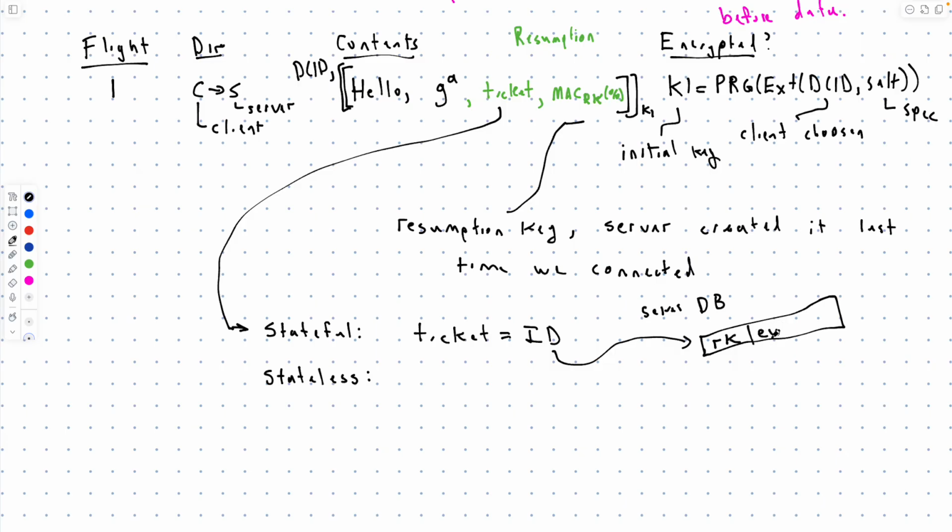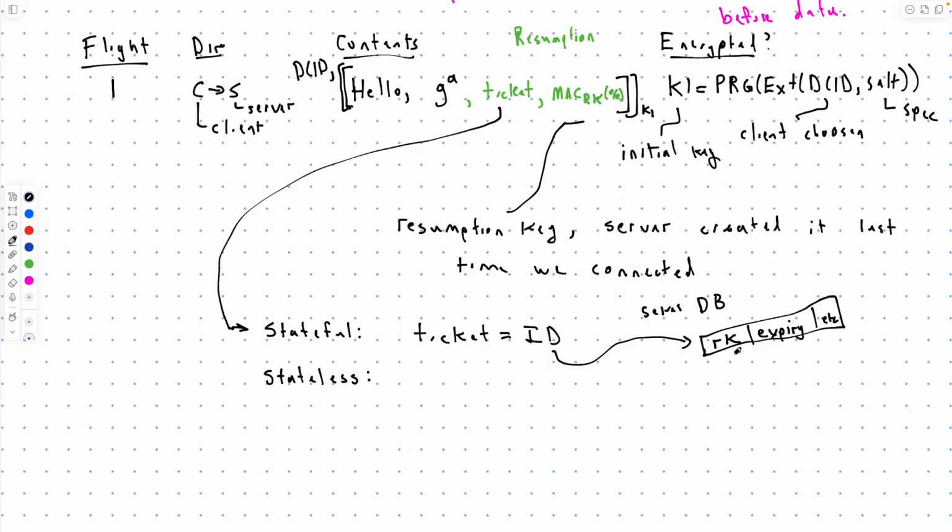Usually these things don't last very long, like days. It may have other information there as well. It might say something about Alice and the client and things like that. I'll just write etc. So the ticket is just an ID.